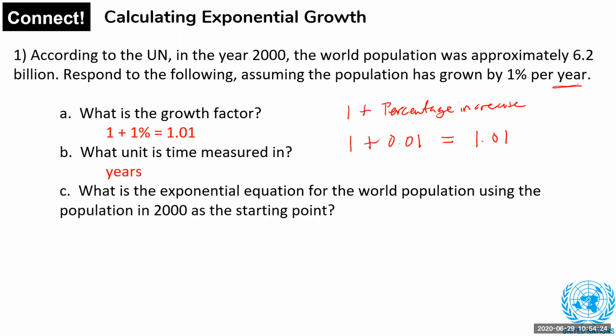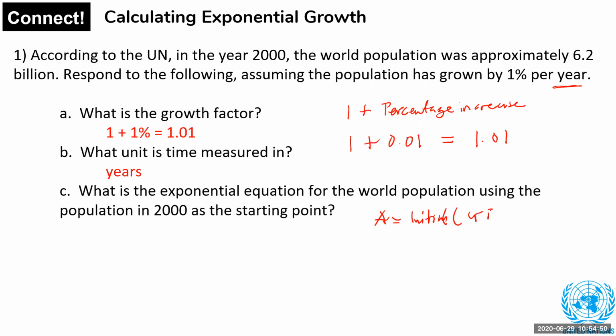In years. Now, what is the exponential equation for the world population using the population in 2000 as the starting point? Okay, so the exponential equation, don't forget, the amount is equal to the initial, and that formula is also on page 108.